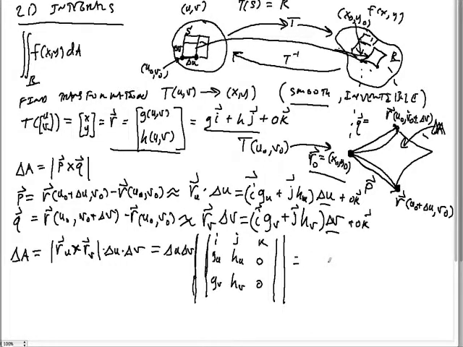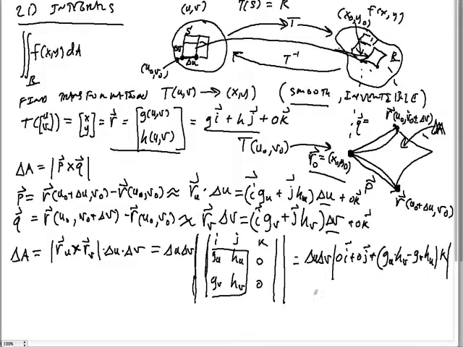You can do the calculation pretty straightforwardly: this is delta u, delta v, times the magnitude of the vector 0i plus 0j plus the determinant of the submatrix, g_u times h_v minus g_v times h_u, times k.